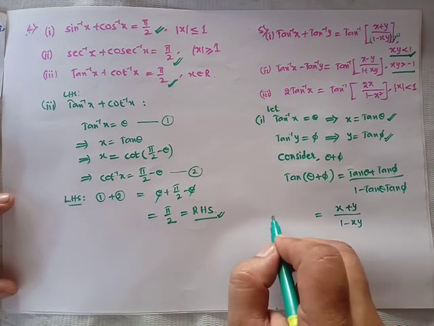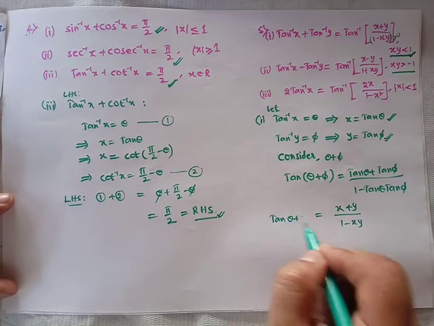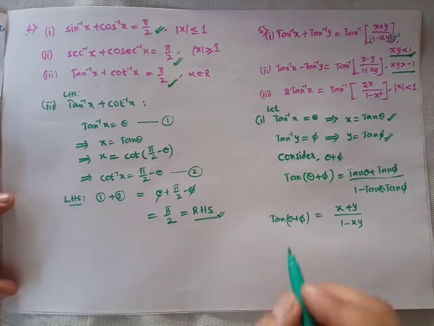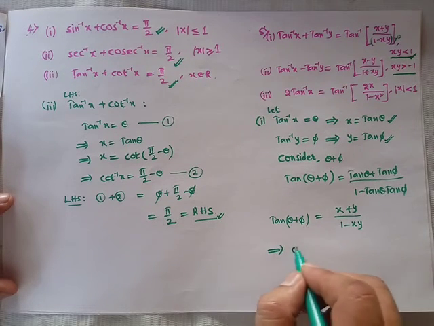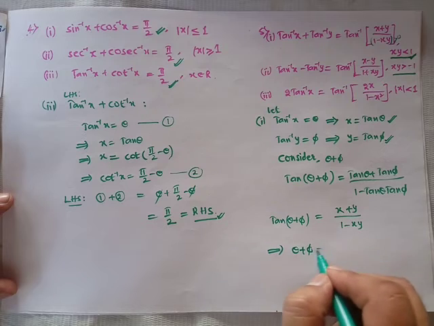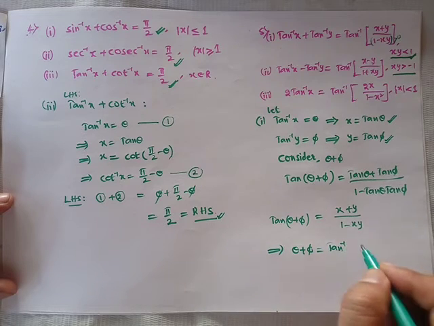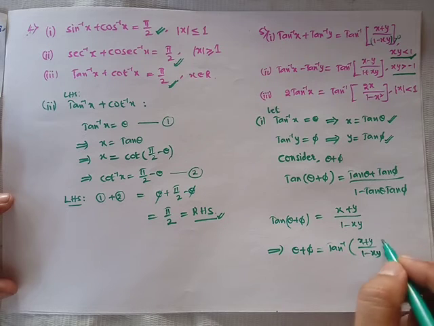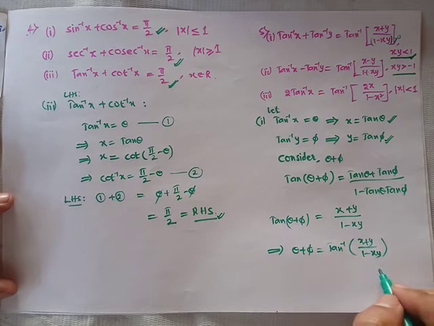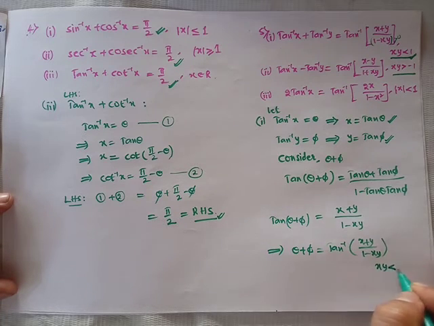Left hand side is tan of theta plus phi. Now send this tan to the right hand side, then it will become theta plus phi is equal to tan inverse of x plus y by 1 minus xy, and that with the condition xy less than 1.